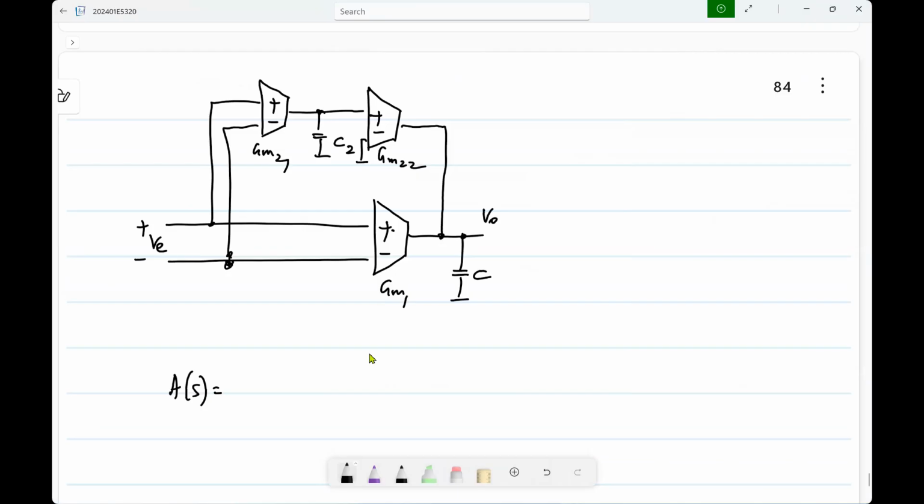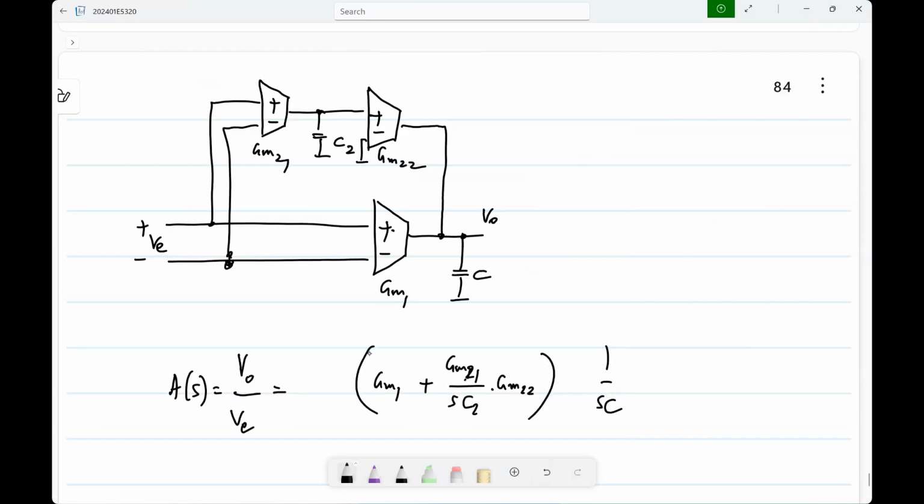Again, at the output, we have this capacitor C. So it's whatever current is flowing into the capacitor C times the capacitive impedance. And what is the current flowing into the capacitor C? It is GM1 times the voltage at the output of the first stage, which is GM21 by SC2 times GM22.